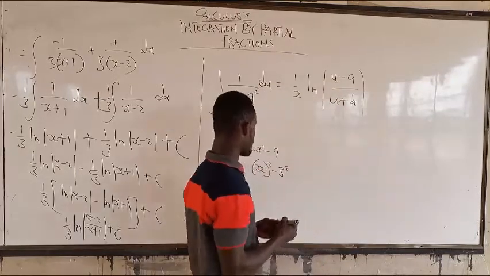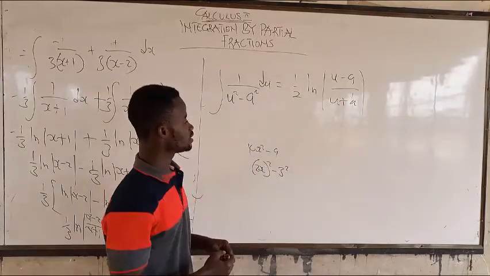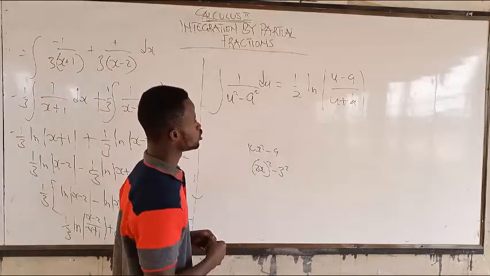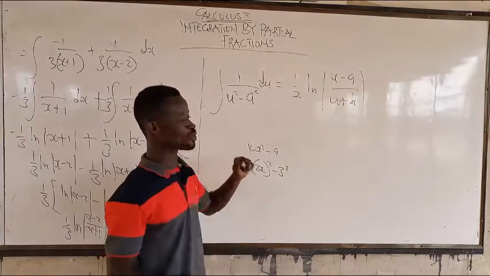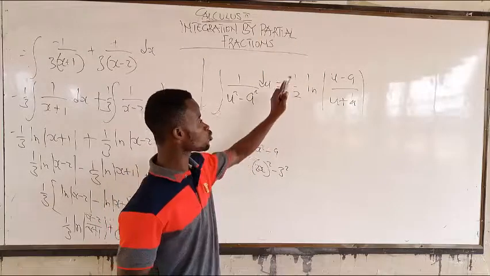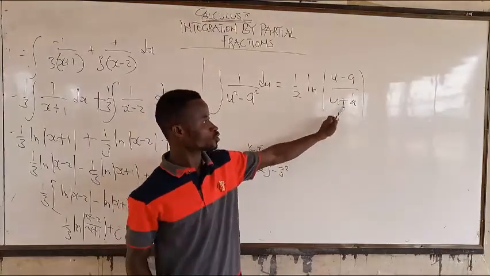So you can see that when you express this in a difference of two squares form, you are going to get one to be plus and one to be minus. The minus will go to the top and the plus will come down.